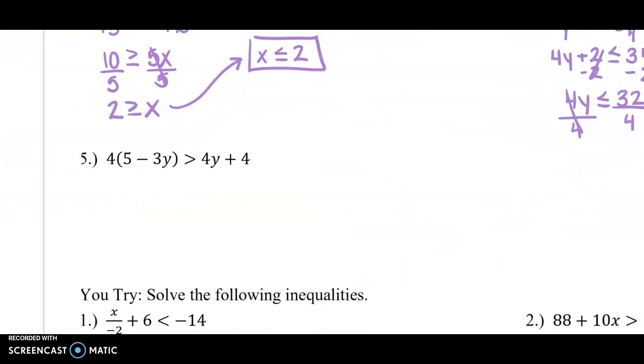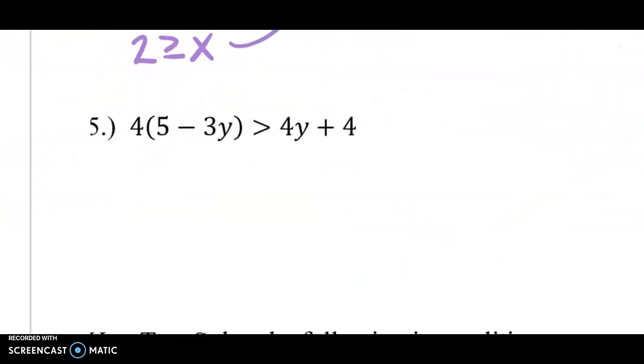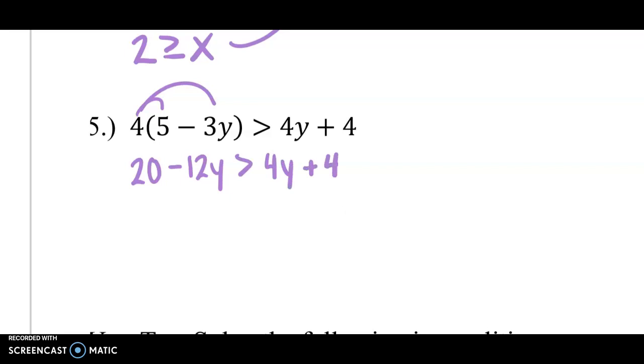Okay, and then number 5. In this one, we not only have variables on both sides, but we also have to distribute first. So we're going to distribute that 4. So we're going to have 20 minus 12y is greater than 4y plus 4. Move the smaller of the two variables, so I'm going to add 12y to both sides. So 20 is greater than 16y plus 4.